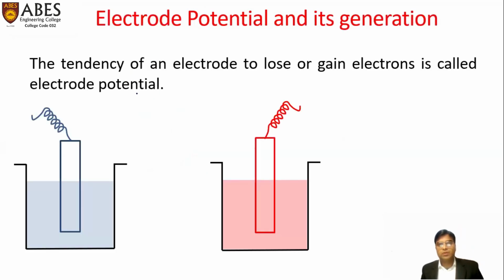Now we shall see how electrode potential is generated. As we have discussed in the previous slide, the tendency of an electrode to lose or gain electrons is called the electrode potential. When a metal rod is dipped in the solution of its own ions, it may either undergo oxidation or reduction. Suppose this is the zinc rod, which is dipped in the solution of its own ions.